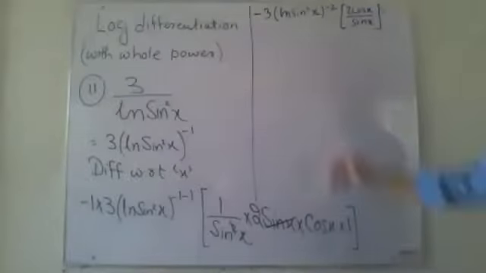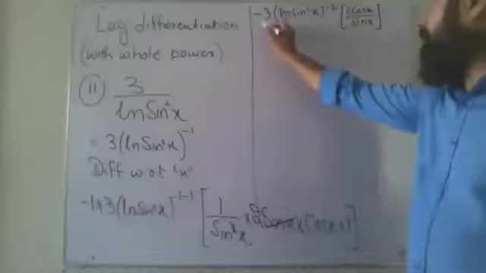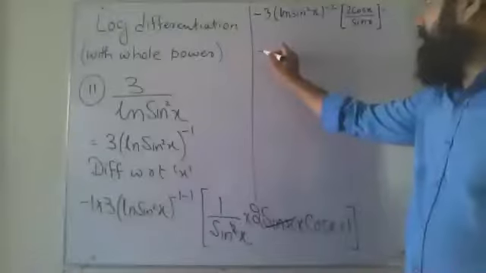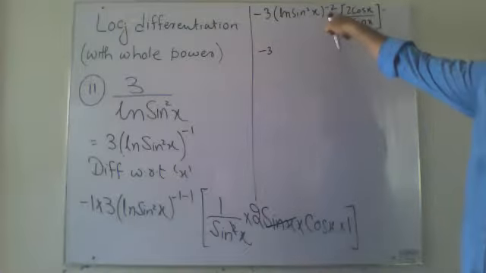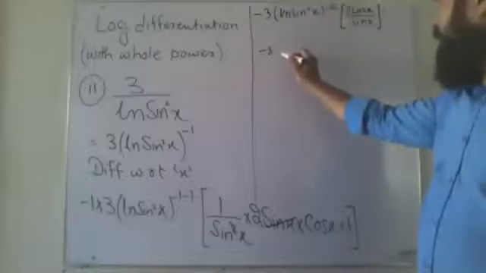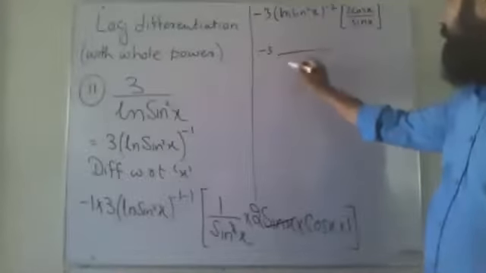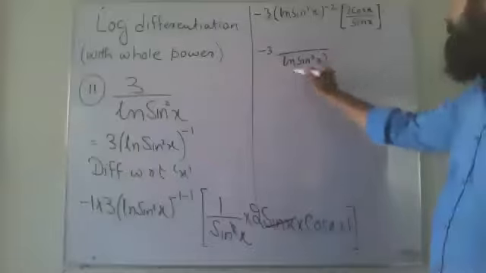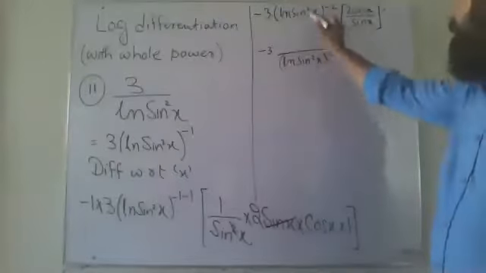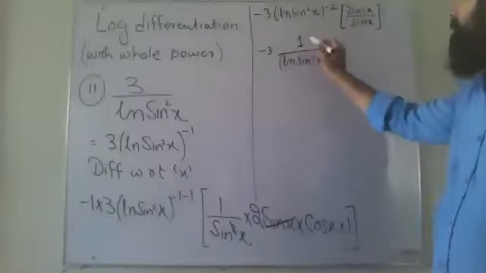When I simplify this one further, minus 3 will remain over here. This thing has minus 2 over here, so I will write it in reciprocal form and it will become ln sine square x whole square, with power as 1.